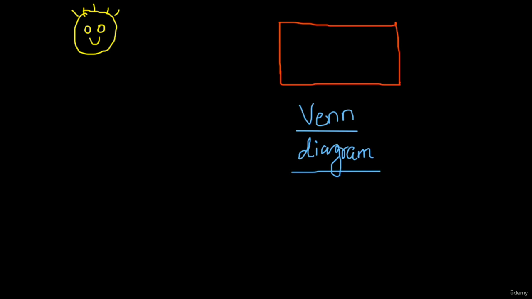So here is our set. Let's name this set A, and here is our set B. So now we have two sets here. For better understanding, let's say this is our universe U.